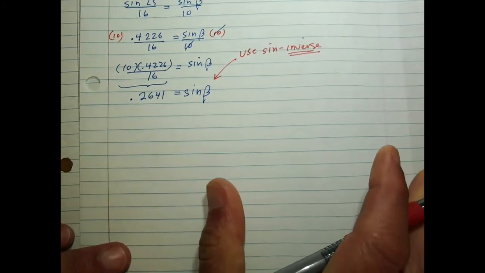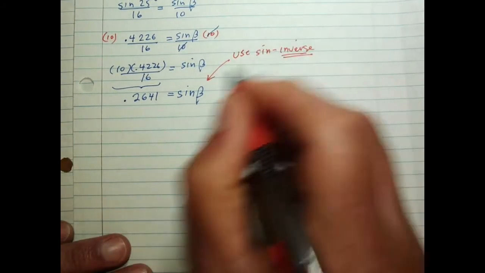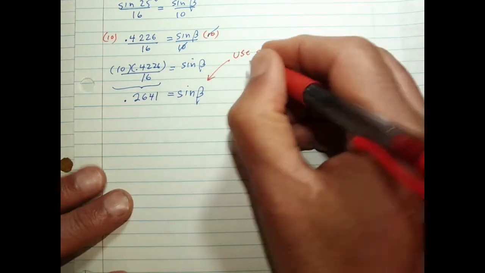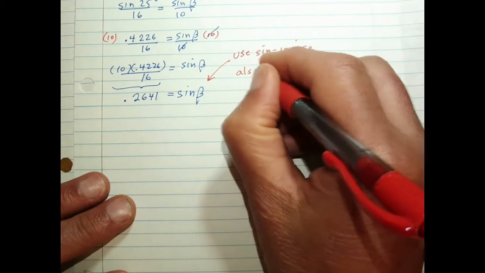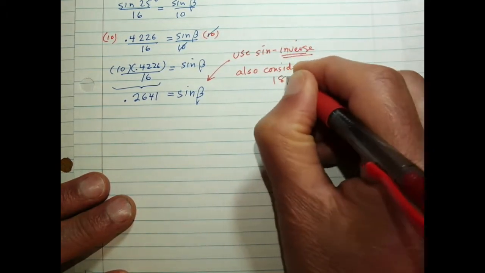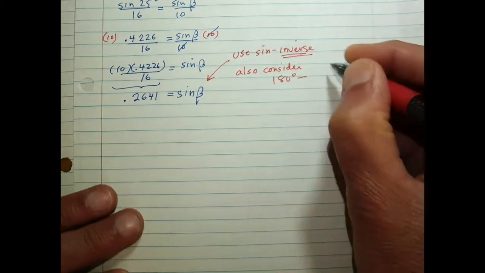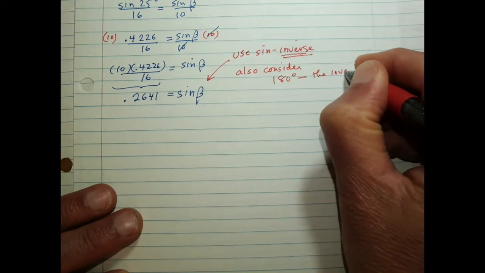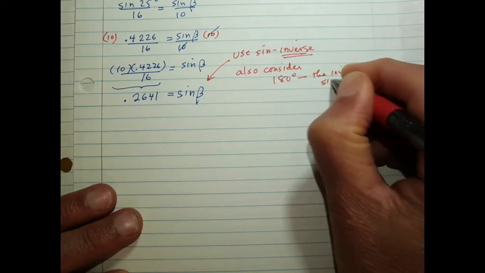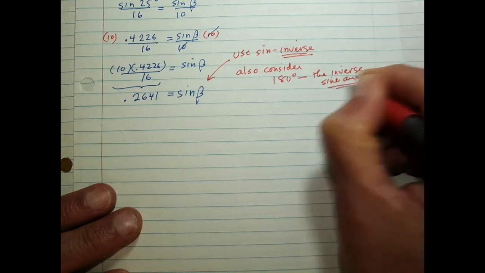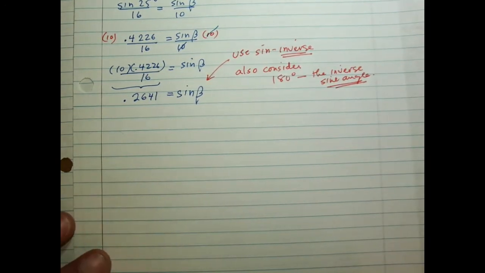But we saw last time that sine inverse gives us one possible value for beta. We have to also consider 180 degrees minus the inverse sine angle. That's the complication in using law of sines.